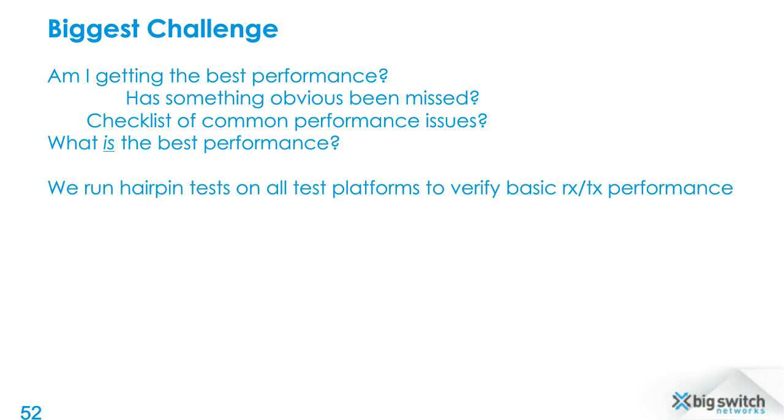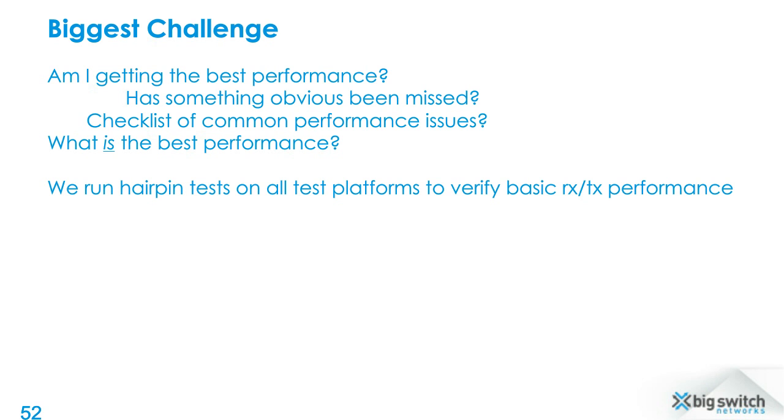One thing that we do, for example, is rerun hairpin tests on the machines that we have as validation, at 10 gig at minimum packet rates, to make sure that the hairpinning works at full bandwidth at minimum packet sizes. So that's one of our first base tests that we run.